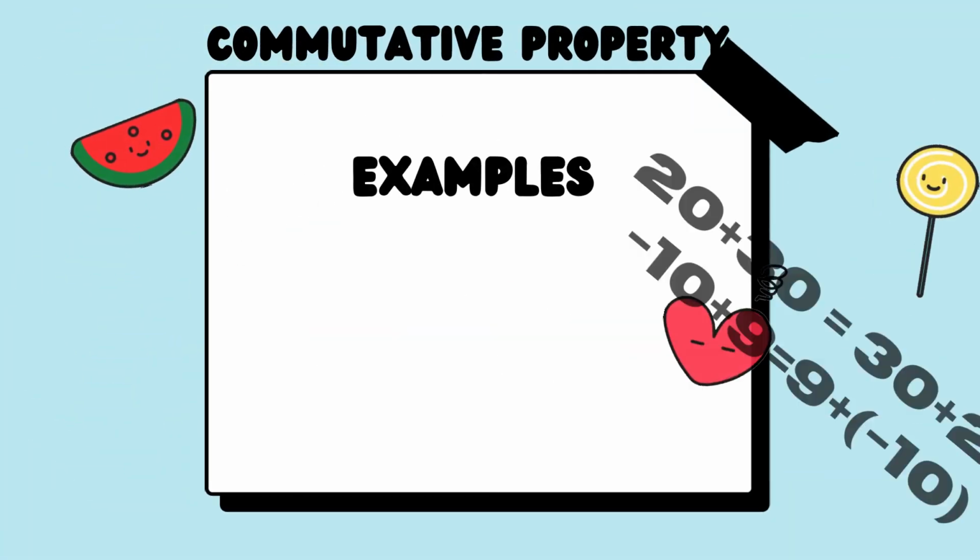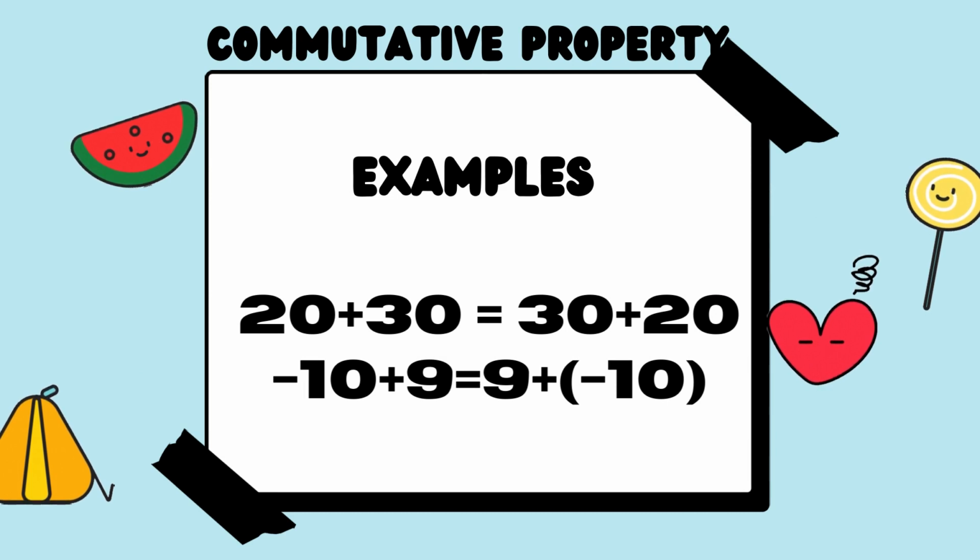Then we have now, for example, 20 plus 30 is the same as 30 plus 20. Let us try to prove because 20 plus 30 is 50 and 30 plus 20 is 50. So the property is actually true because no matter how you change the order, it does not affect the result. So it's still 50.